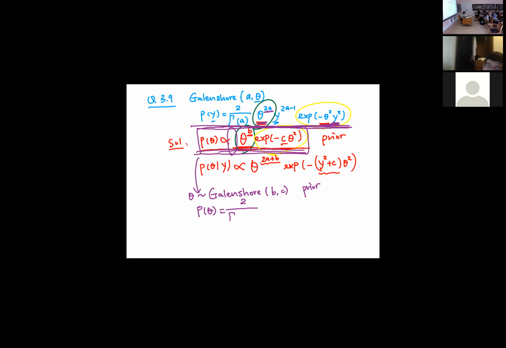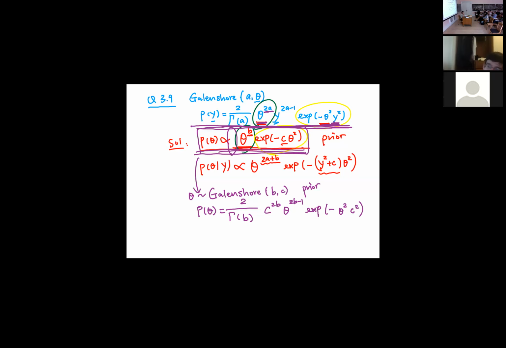That means I will have gamma B, and then, be careful, here is C raised to the power of 2B, and then theta raised to the power of 2B minus 1. And then in the exponent, it's going to be negative C squared, theta squared. Right?